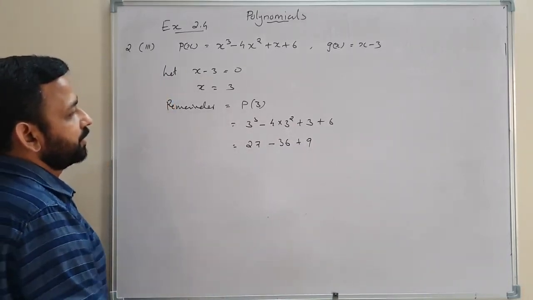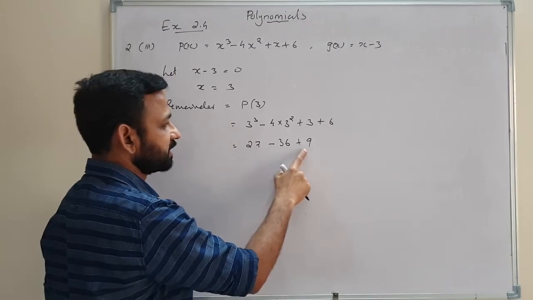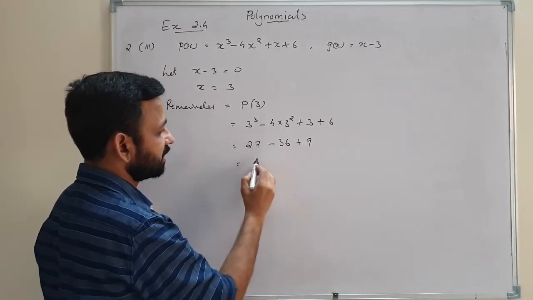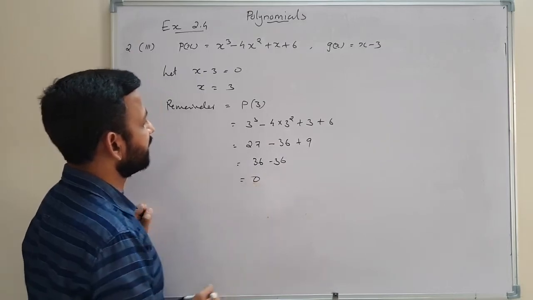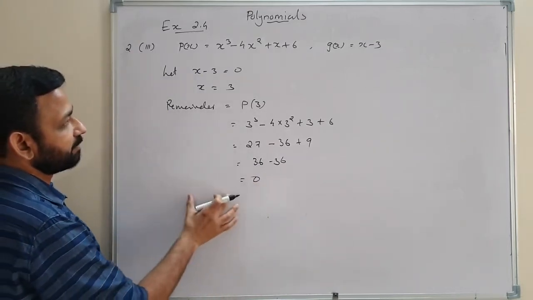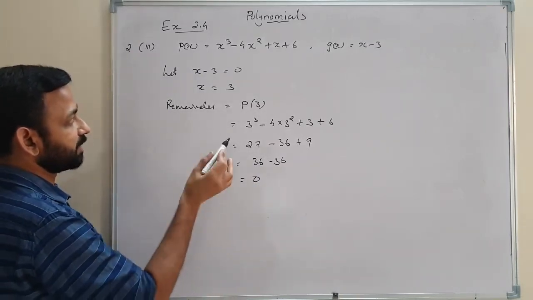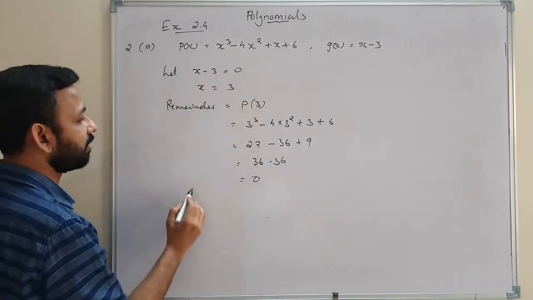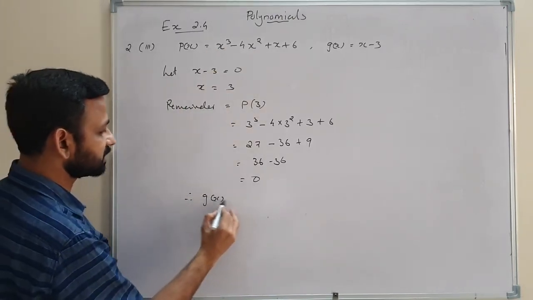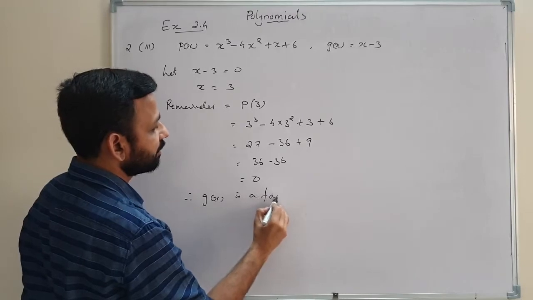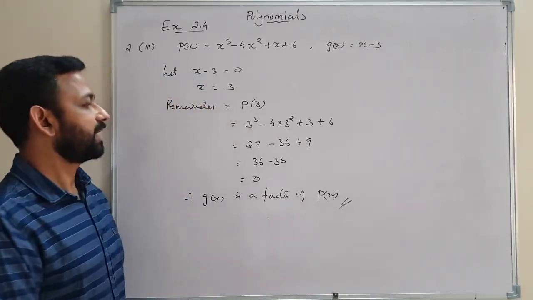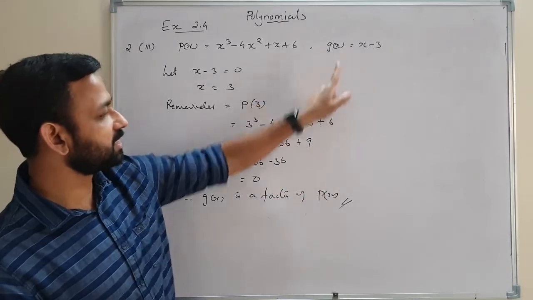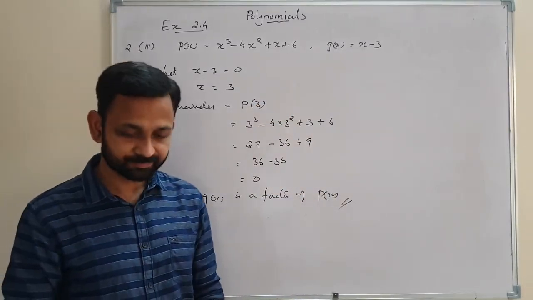Now 27 plus 9 is 36. Then minus 36. Here we got remainder 0. So if remainder is equal to 0, we can say x minus 3 is a factor of this polynomial, or we can say g of x is a factor of p of x. So in this question, remainder is equal to 0, therefore g of x is a factor of p of x.